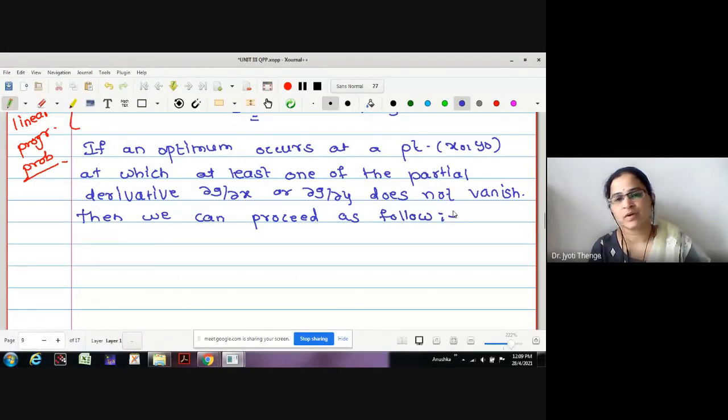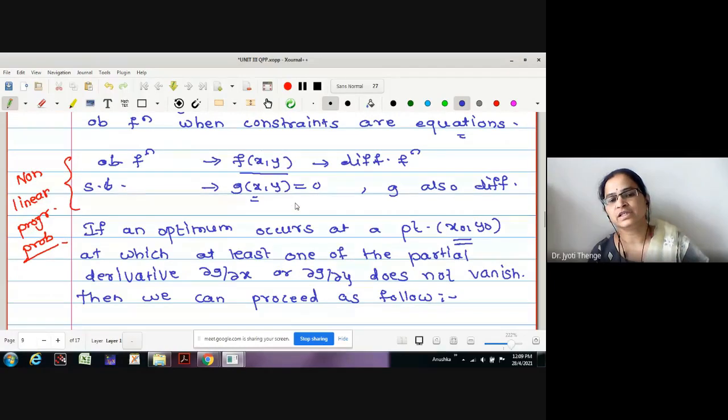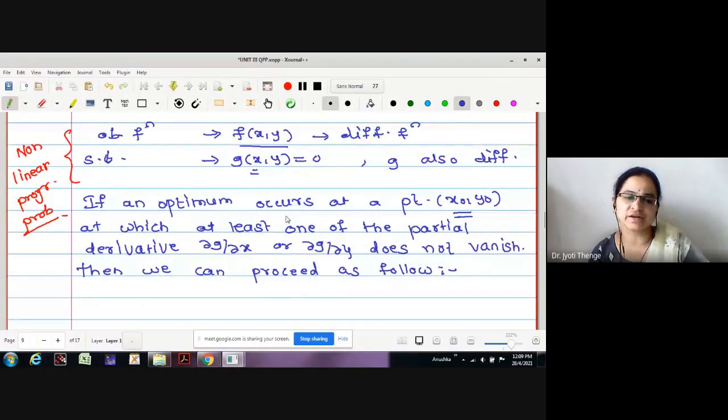We have assumed that such an optimum of this programming problem occurs at the point x naught, y naught, where dou g by dou x and dou g by dou y do not vanish simultaneously. In general, what will happen if both the partial derivatives, dou g by dou x and dou g by dou y, are 0?